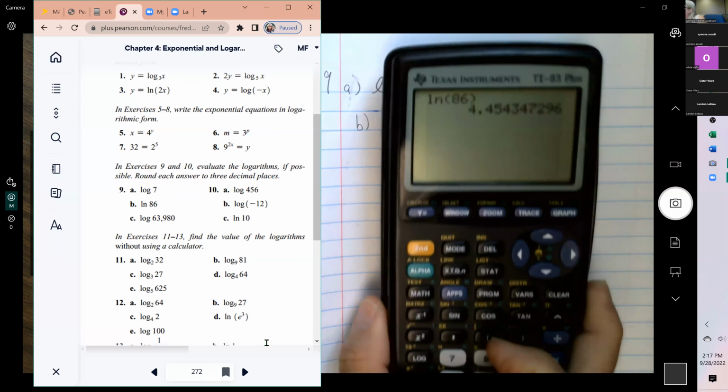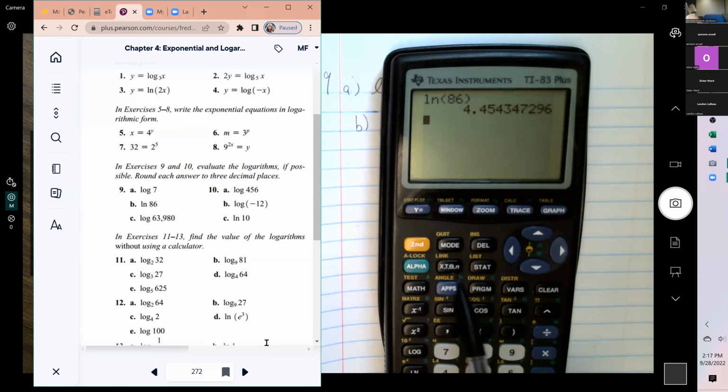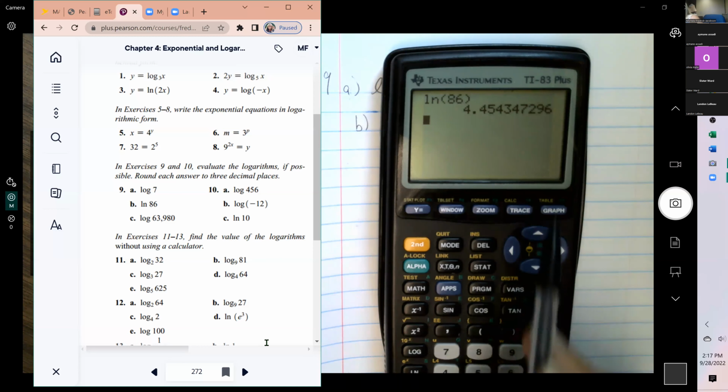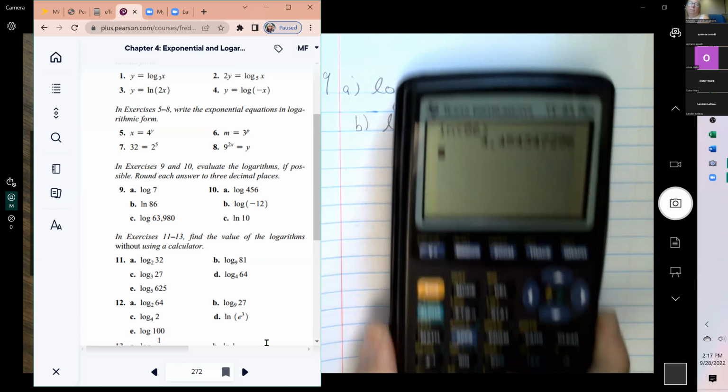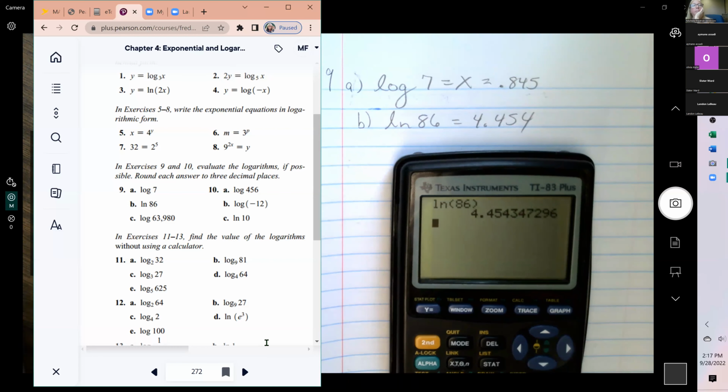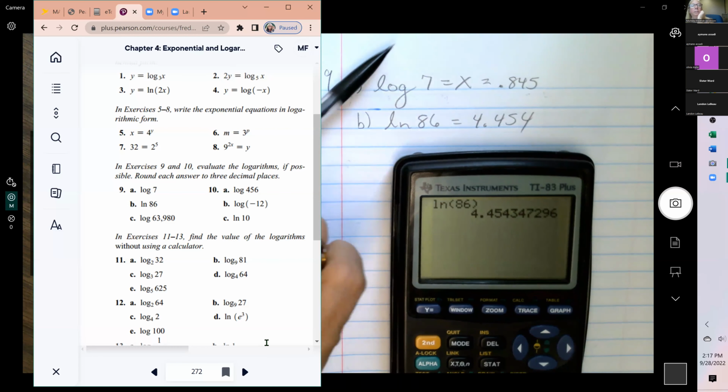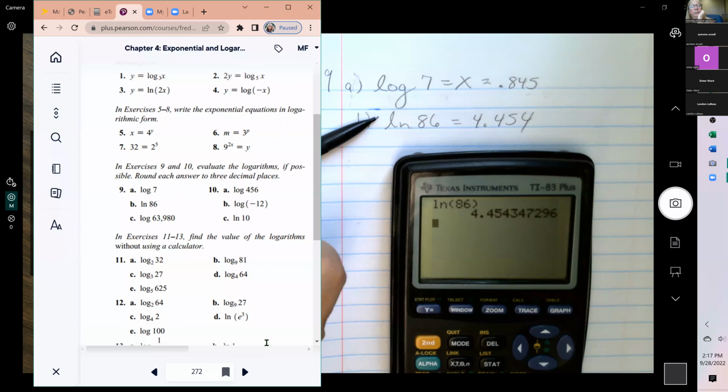Some calculators have a trig button, and when you hit it, it has them across the top. Any questions on log and natural log?